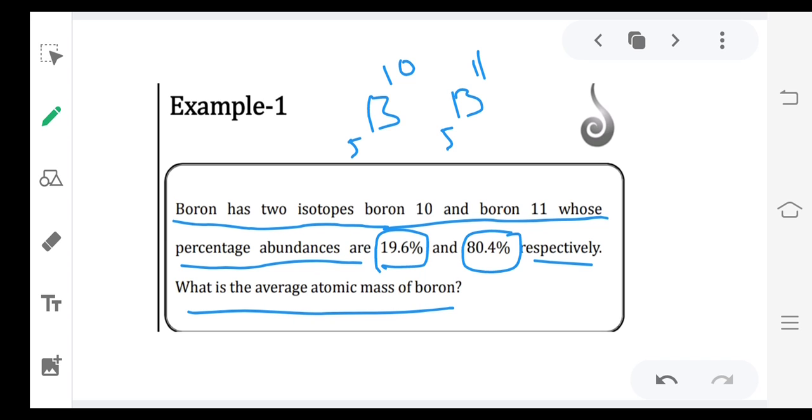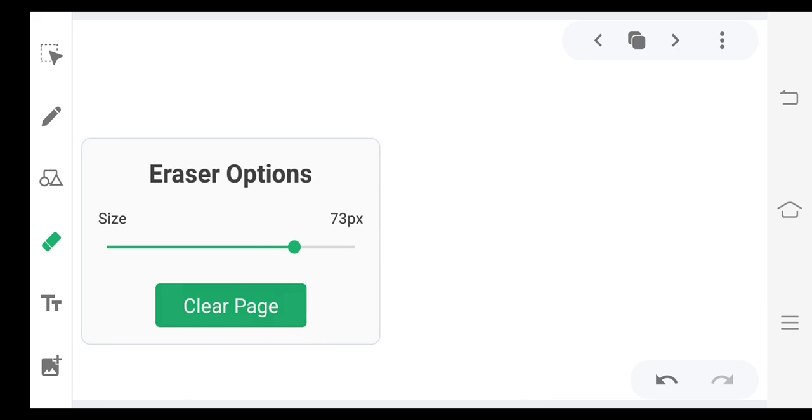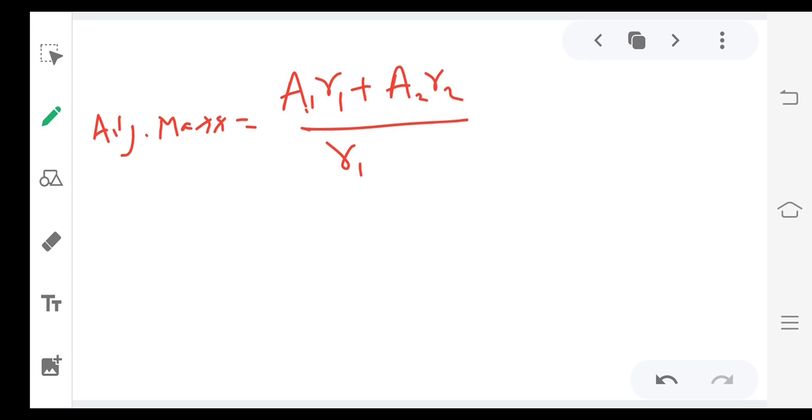What is the atomic mass of boron? To simplify this, you take the formula: average atomic mass equals A1R1 plus A2R2, divided by R1 plus R2.